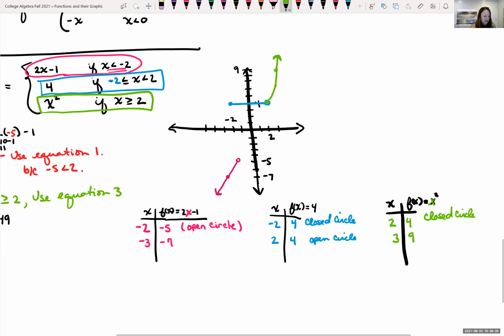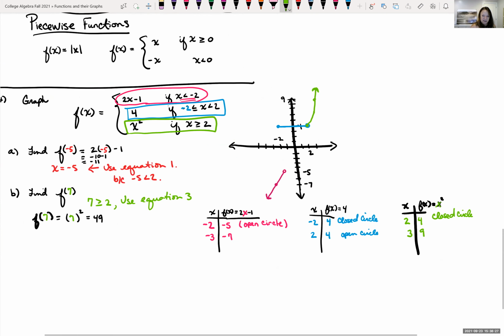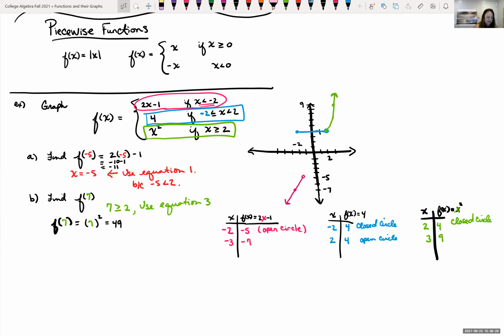So we graphed the piecewise function. We answered some questions about particular values of x and what y we would get back. You should also be able to look at your piecewise function and answer questions like what is the domain and what is the range. To get the range, a lot of times we'll have to graph it first so we can see what's going on. The domain, though, basically was given to us.